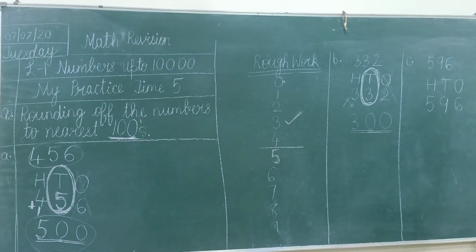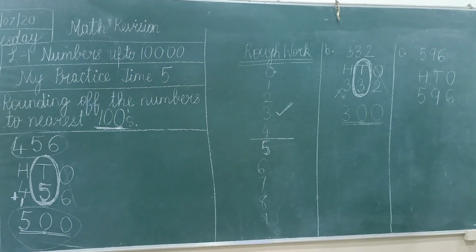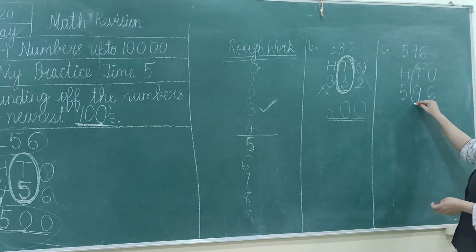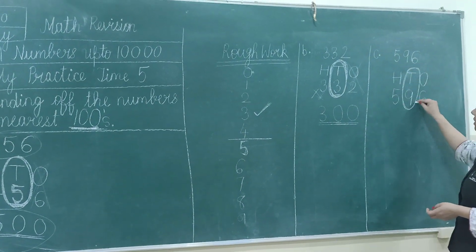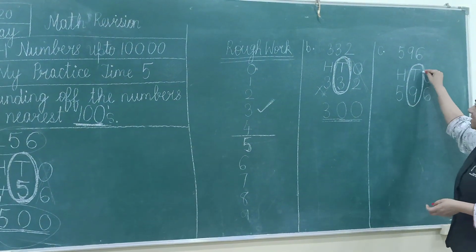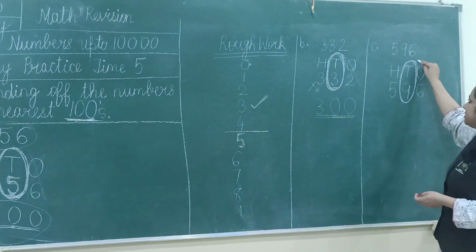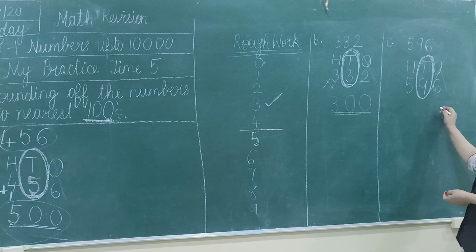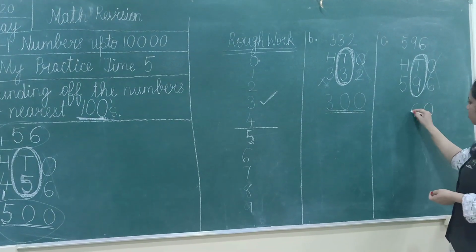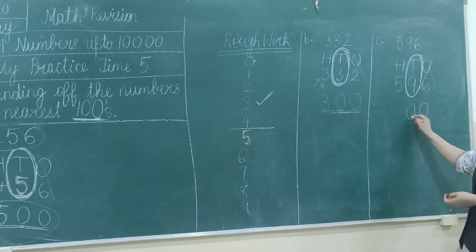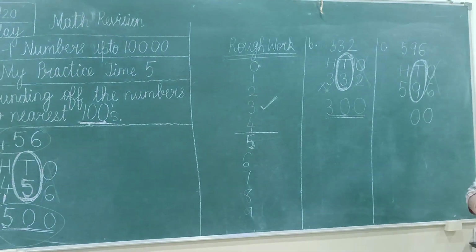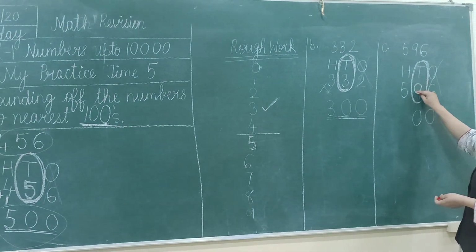The next step is we see the number on the tens place. We do not see the number in the ones place. Then we write 2 zeros because in 100 there are 2 zeros.